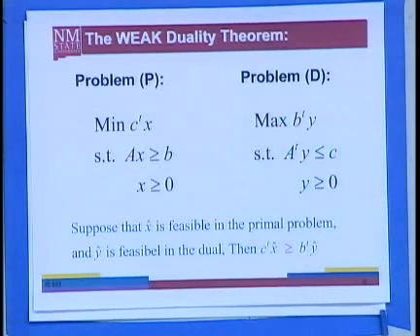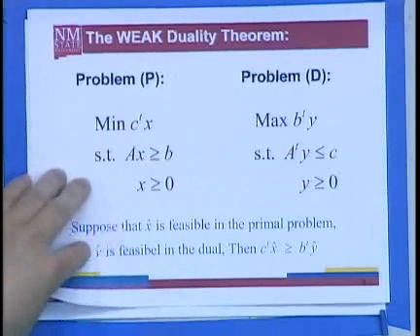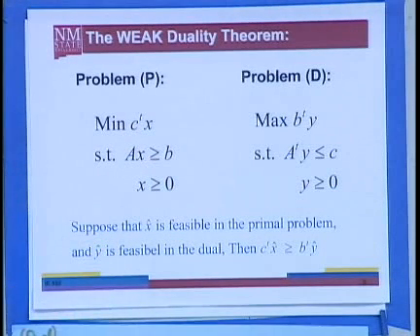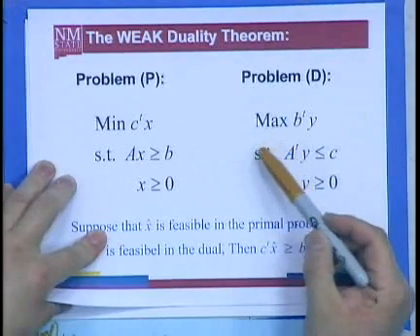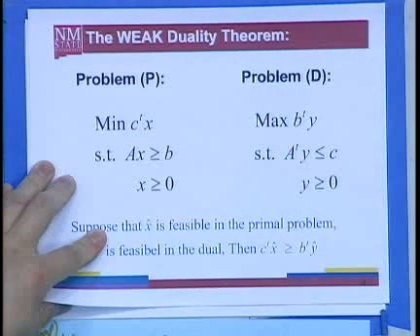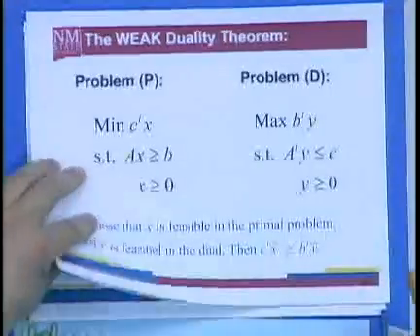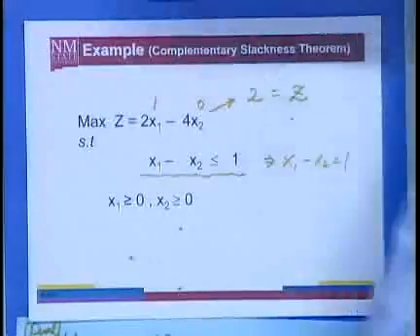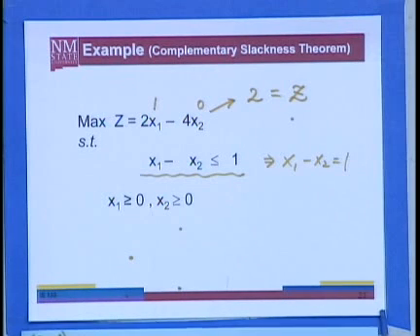The objective function value of the minimization problem, in our case which is 2, is always greater than or equal to the objective function value of the maximization problem in the symmetric primal-dual pair, right? So in our case, it does satisfy the weak duality theorem. Is that correct?